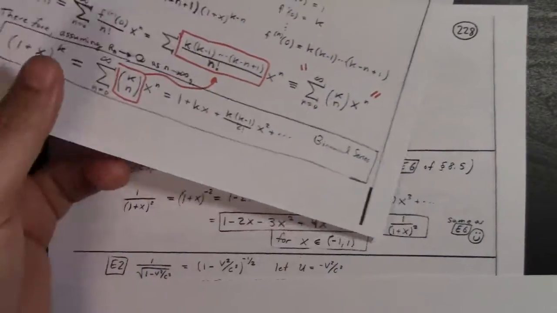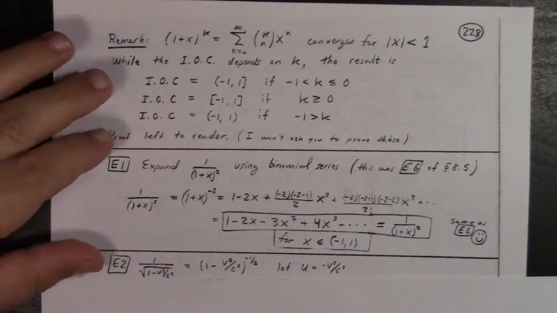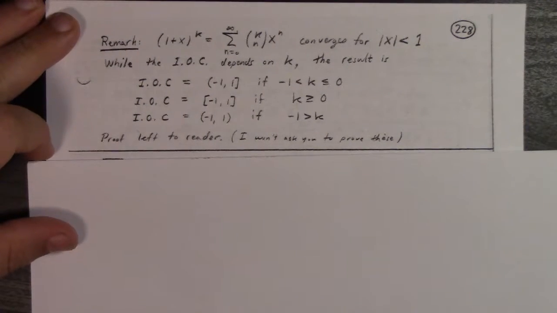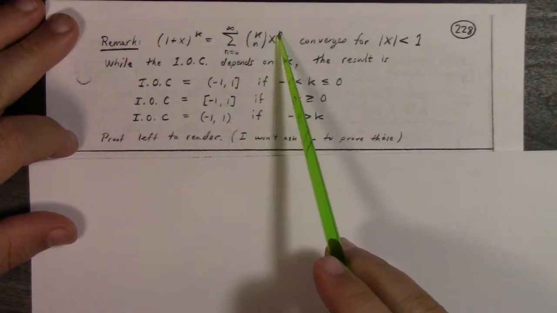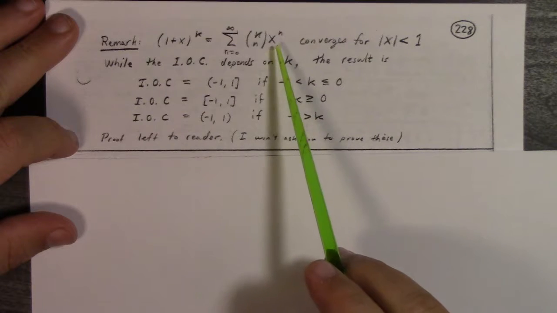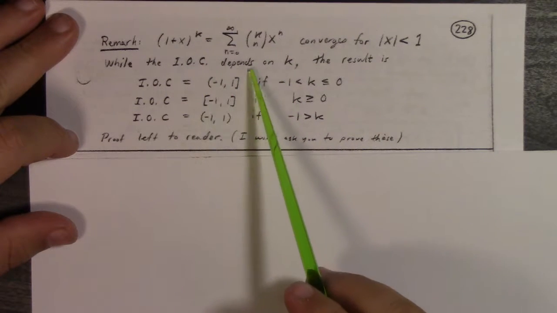All right. Well, anyway, nomenclature aside, let's go on and look at some examples. So here's the more complete story. 1 plus x to the k is this, and it converges for absolute value of x less than 1. But the interval of convergence depends on k.